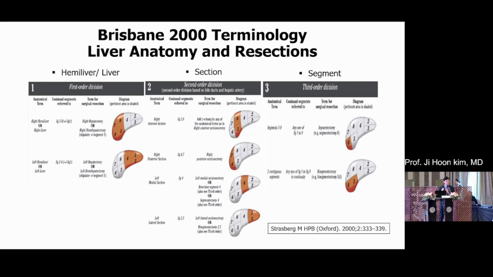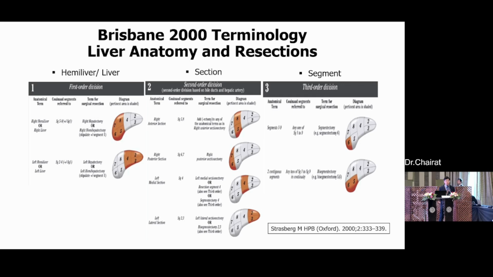Instead of lobe, since lobe is a misnomer originating from animal models, right lobe, left lobe, and right lobectomy are not correct terminology. Instead, right hepatectomy and left hepatectomy are the correct terminology. The second order division is the section. The third order division is the segment.